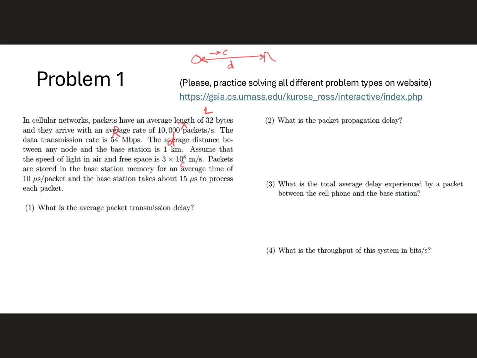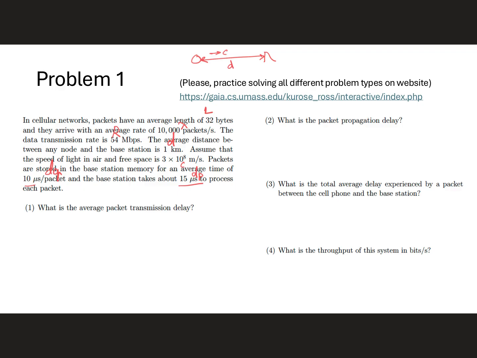Packets are stored in the base station memory for an average time of 10 microseconds per packet. So this is the delay of queuing, right? This number. And the base station takes about 15 microseconds to process each packet. So this is what we call the processing delay, DP, okay?